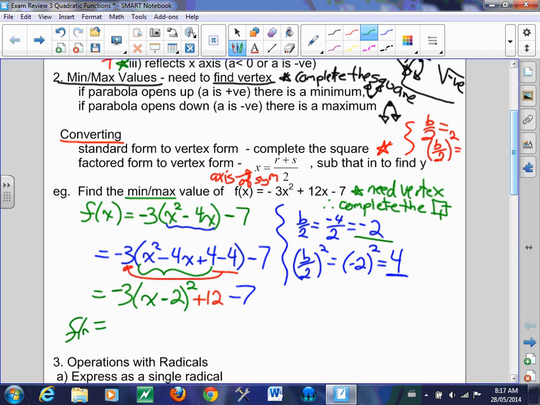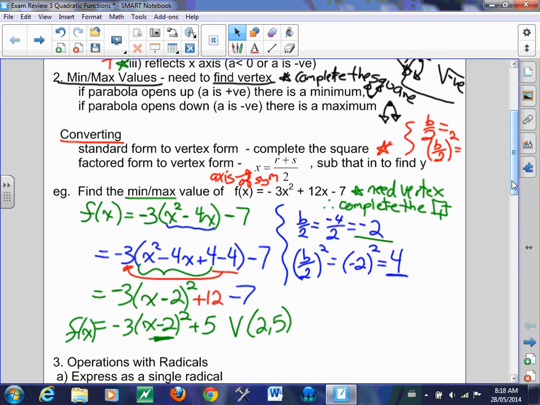So f at x equals negative 3, x minus 2, all in brackets, squared, and collect like terms, plus 5. So we know automatically our vertex is 2 and 5. Remember, it's the opposite of inside the bracket here. So we know our optimal value is 5, but we got to decide if it's a minimum or maximum.